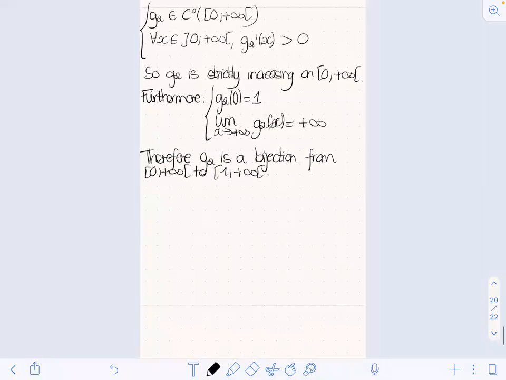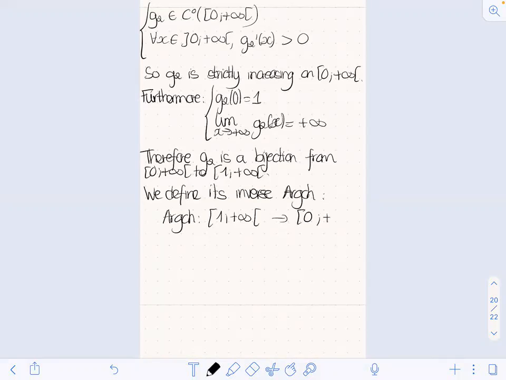And we define its inverse, argch, that if we have a look at where it maps from, argch of x will map from the interval 1 plus infinity to 0 plus infinity.